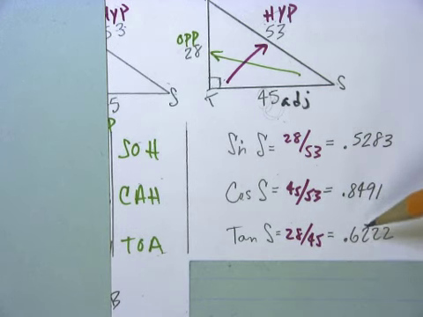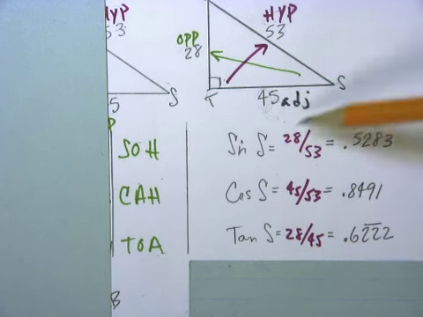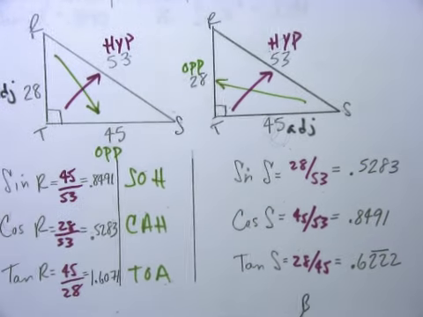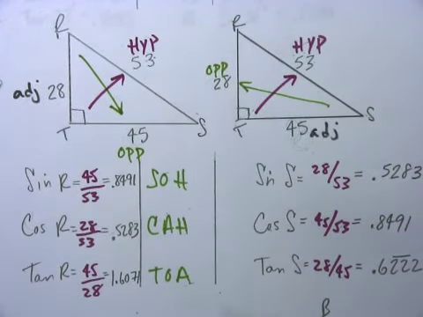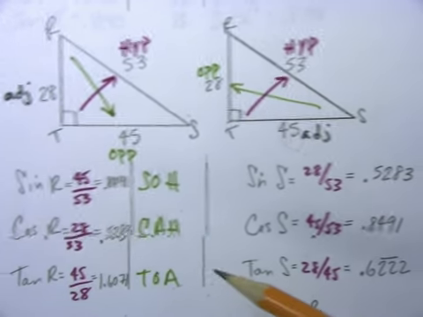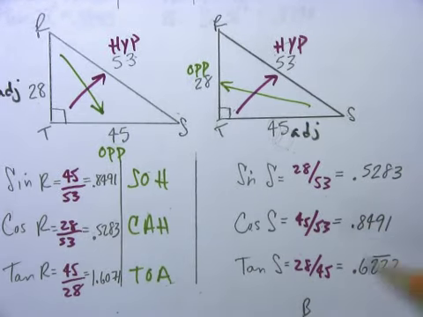Here's my opposite, here's my adjacent. It's 28 over 45, so the tangent of S is 28 over 45, which is 0.622 repeating. And these are the three trig functions of angle S.